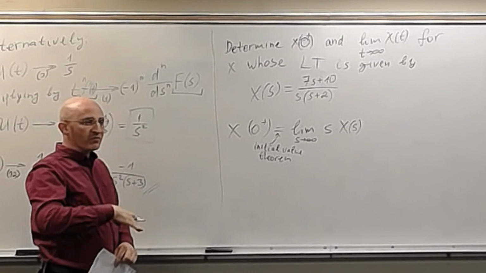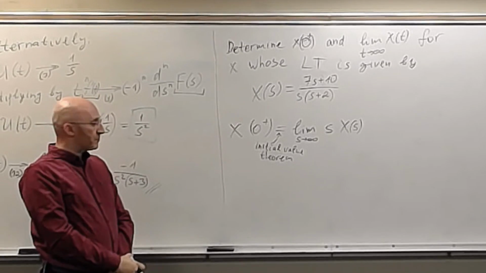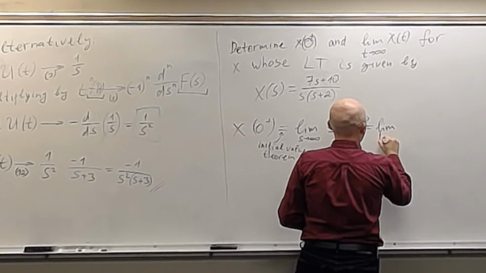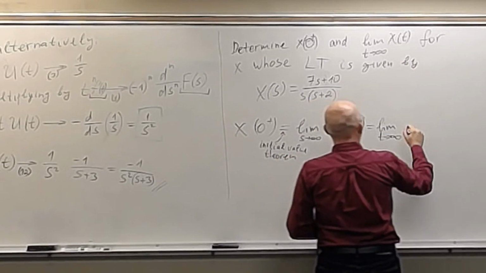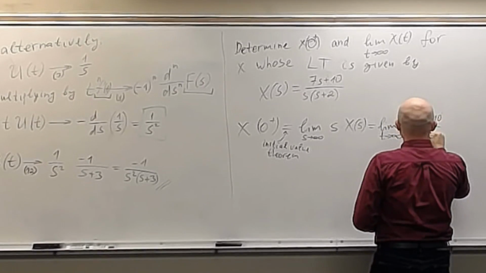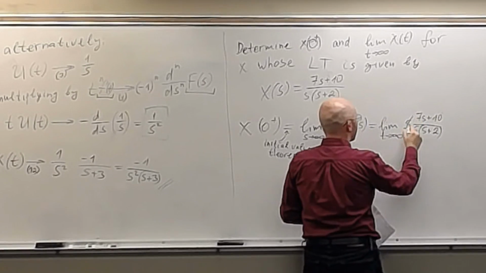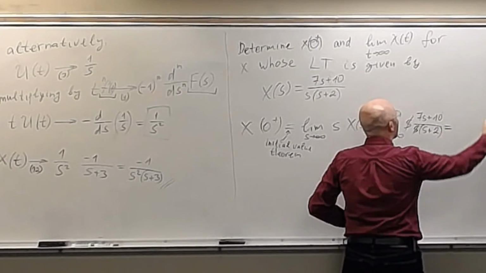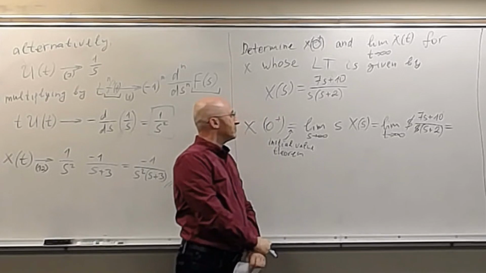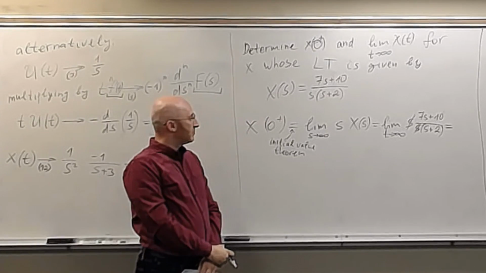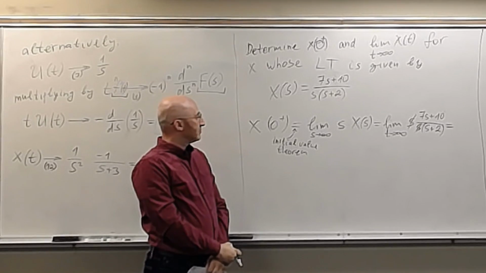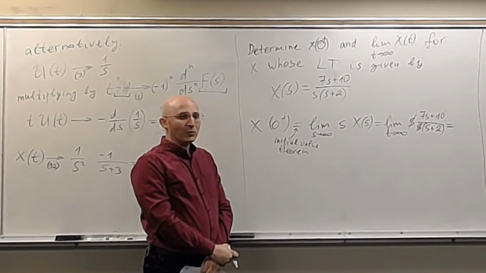You have that at the end of the table, Laplace properties. Let's put it in. So it's the limit of s times (7s + 10) divided by s(s + 2). So s is cancelled, and it will be (7s + 10) over (s + 2). What is that limit?